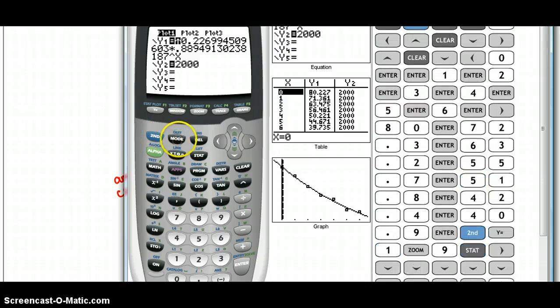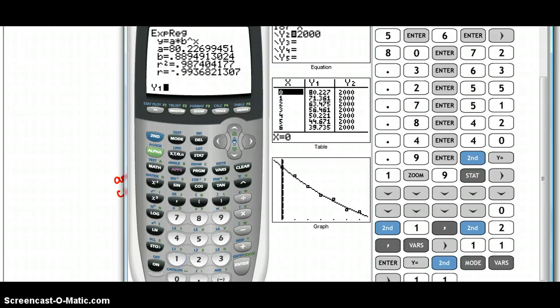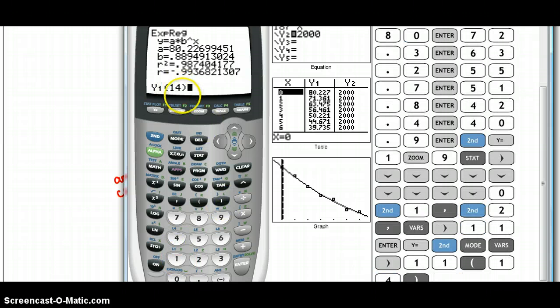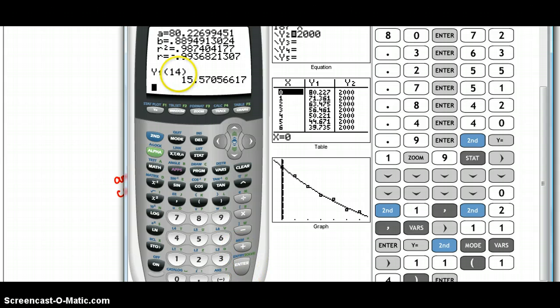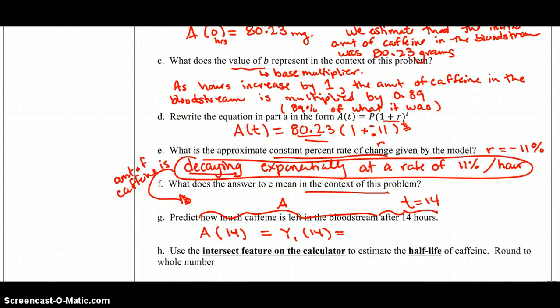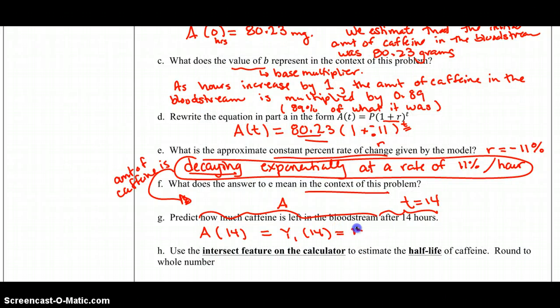We can hit variables, over to Y-vars, 1, 1, and evaluate that function with 14 inside the parentheses as our input value, and hit enter. After 14 hours, we have about 15.6 milligrams of caffeine left in the bloodstream.